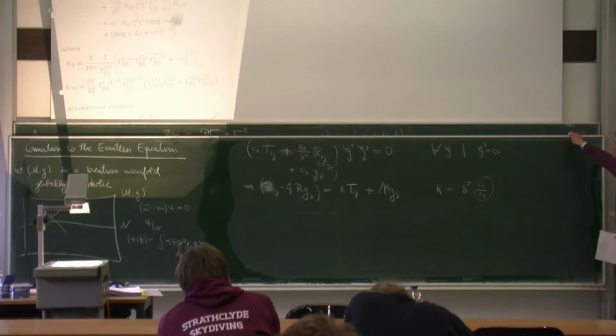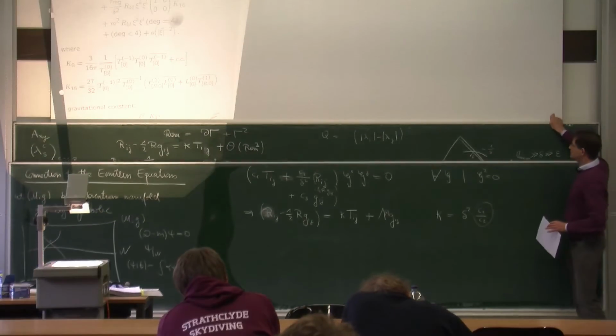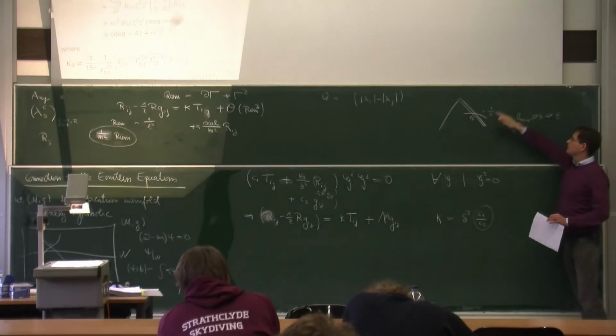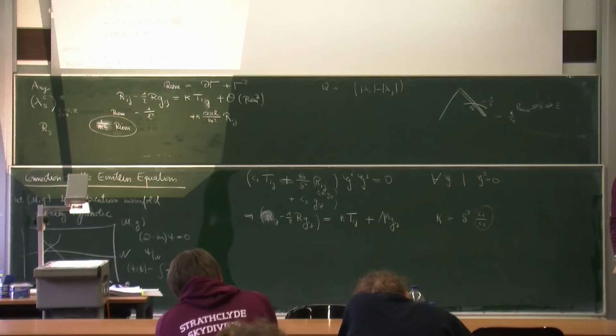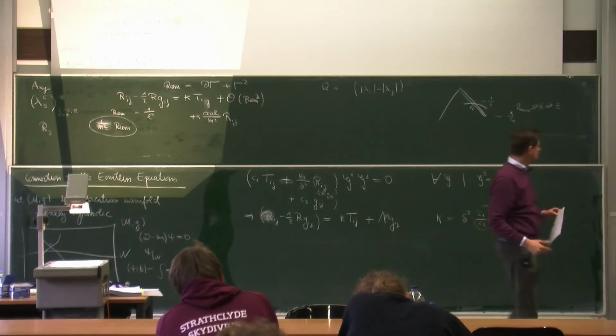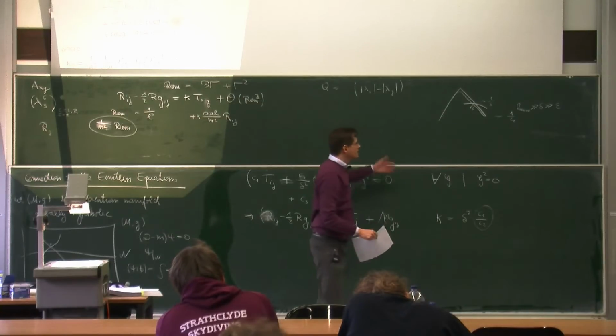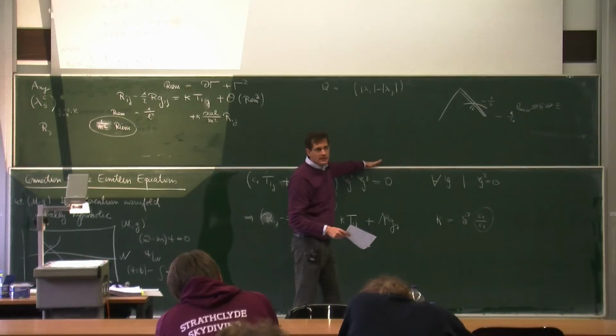Yes, so this is the scale on which these non-trivial regularization effects come into play. Yes. Well, just simply because, now we have to go back to this physical picture which we had earlier.